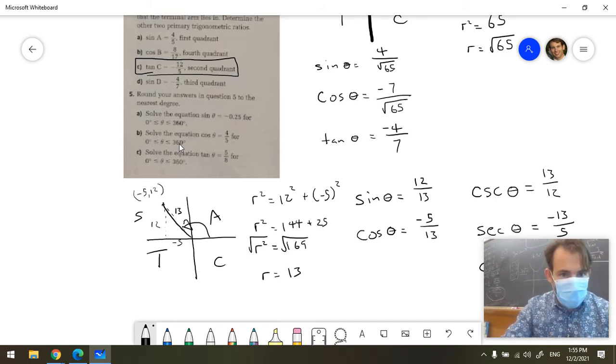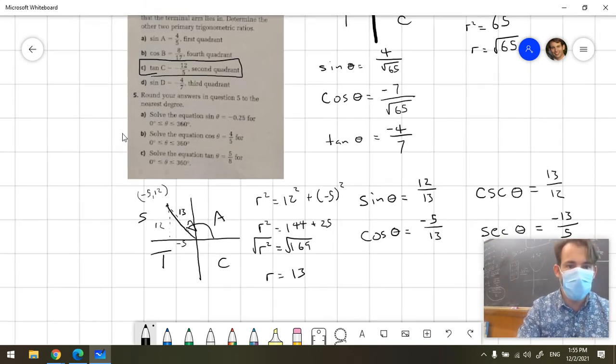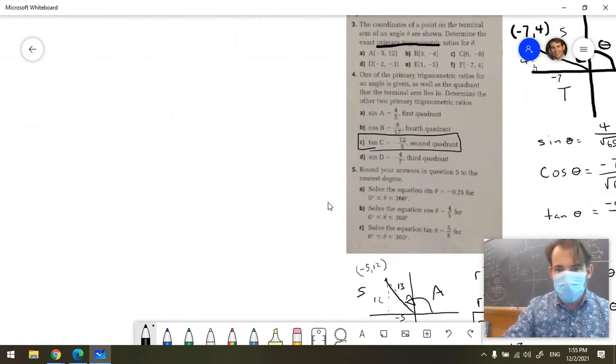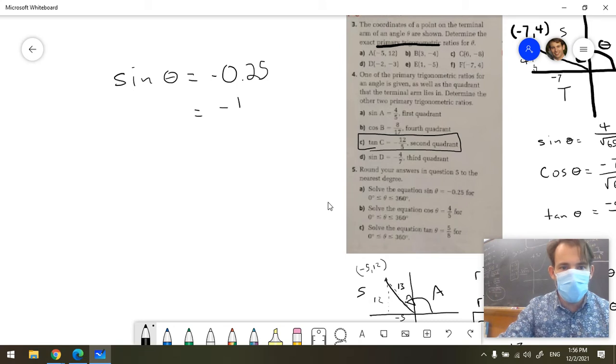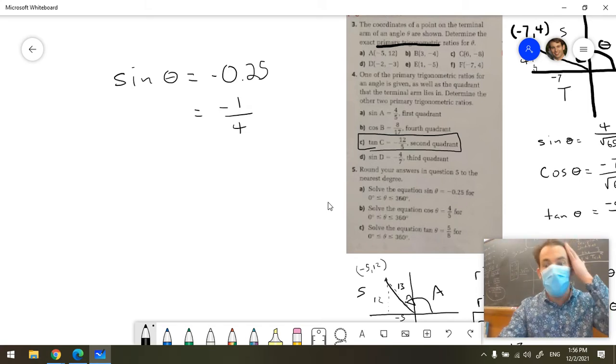So let's take a look at the first one. It looks like the most challenging one to me, actually, by a long way. So let's take a look at 5a, and we'll see how to solve this type of problem. If I know that sine theta is equal to negative 0.25, I could also write that as negative 1 over 4. I would naturally want to write that as a fraction because these are ratios, and I can imagine them much easier that way.